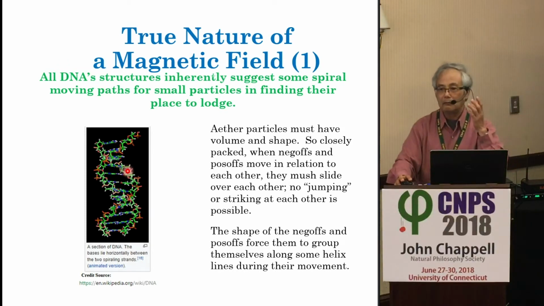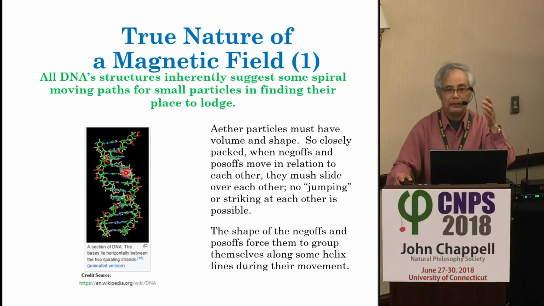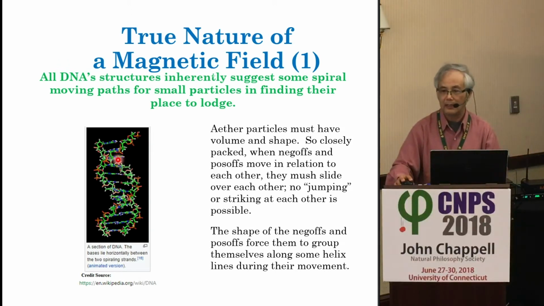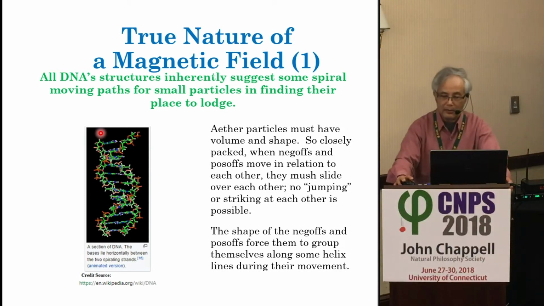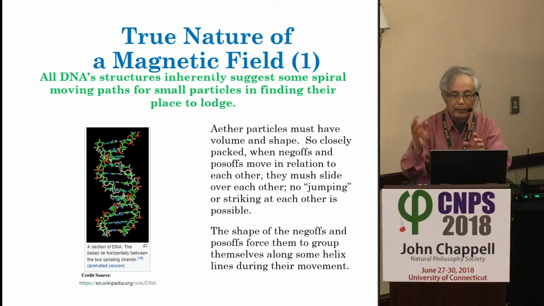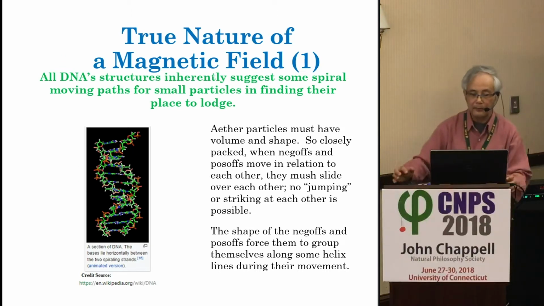So when the moving energy finally dissipated to zero, they will find their logical state. That's how they find their place, their state. Their place is distributed according to some helical line.